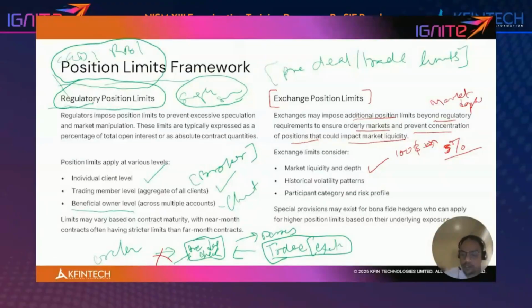Otherwise, this individual might become stronger and he might create illiquidity in the market. Historical volatility patterns, that means exchange can put circuits. You are aware of circuits, upper and lower circuits.